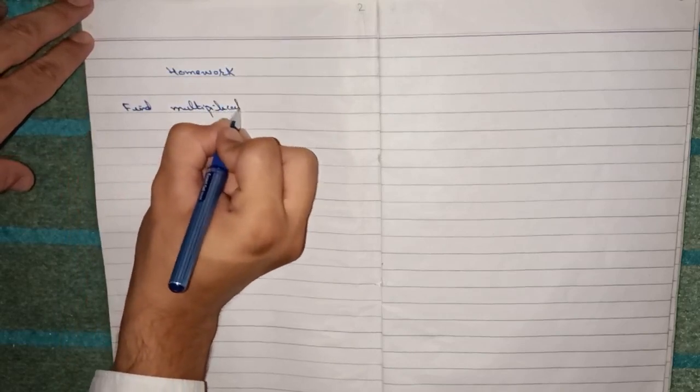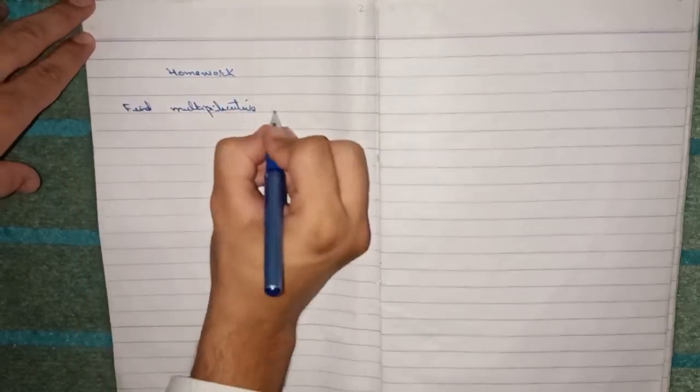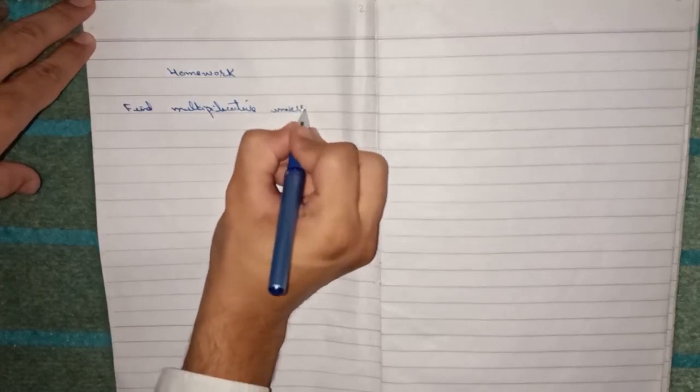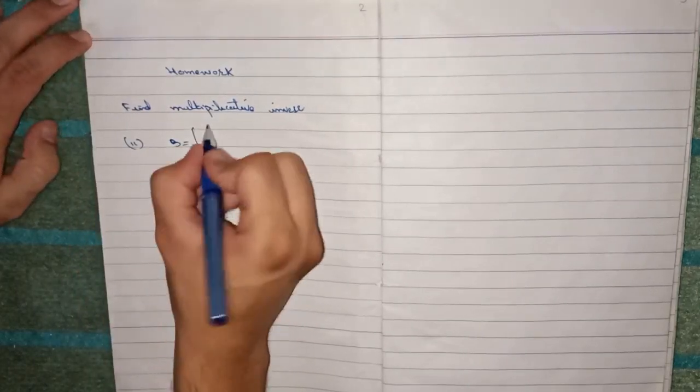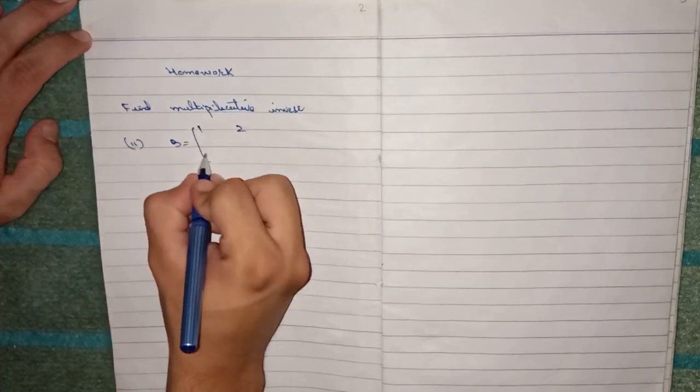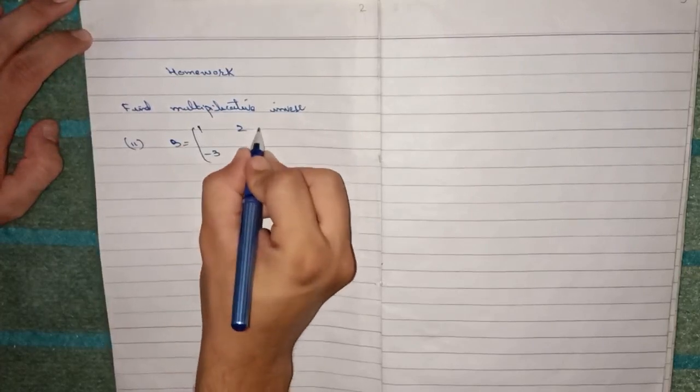Homework is to find the multiplicative inverse of question number 2. The B matrix is given: 1, 2, minus 3, minus 3, minus 5.